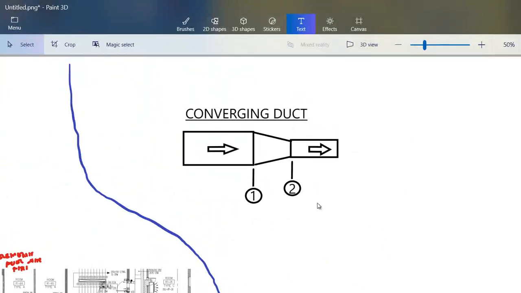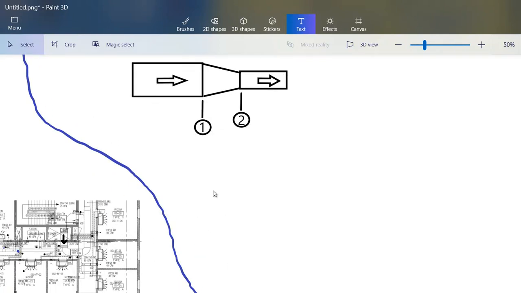So we have the converging duct, and we have your equation. This is from Bernoulli's equation. I will not derive it, so we go directly to the equation.